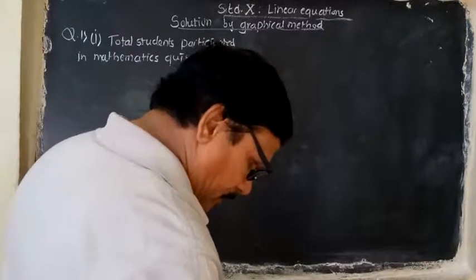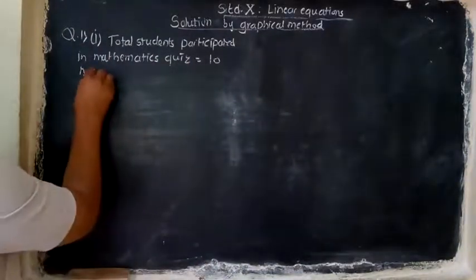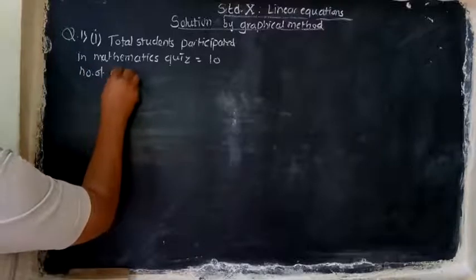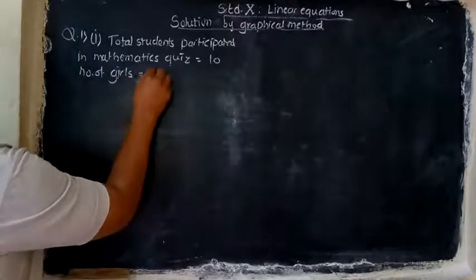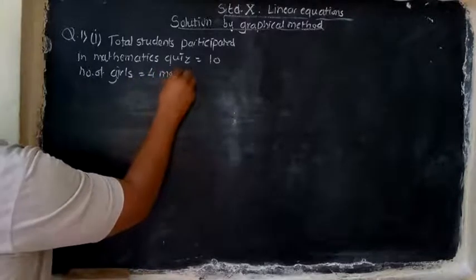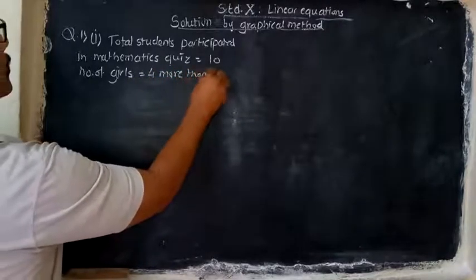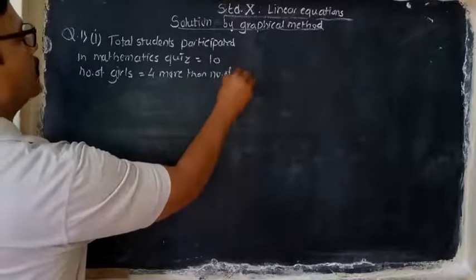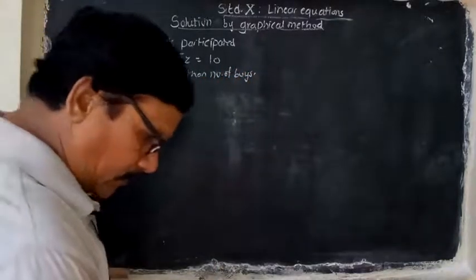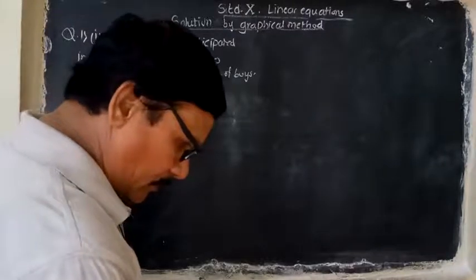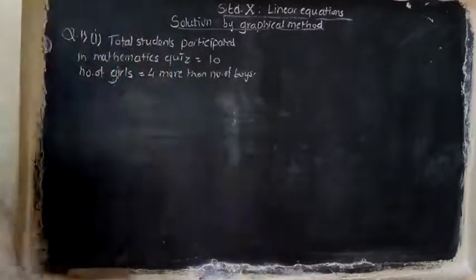Now, if the number of girls is 4 more than the number of boys, find the number of boys and the number of girls who took part in the quiz.